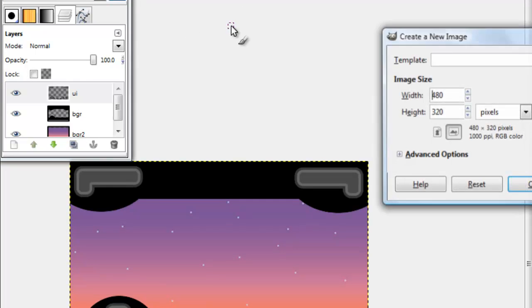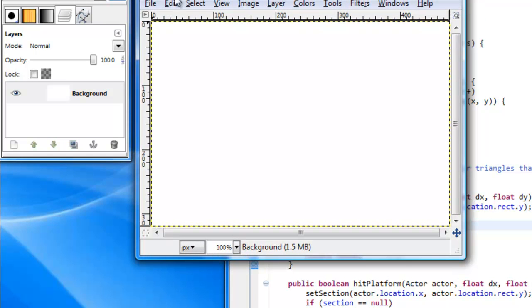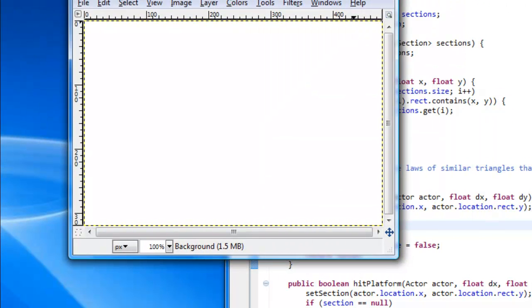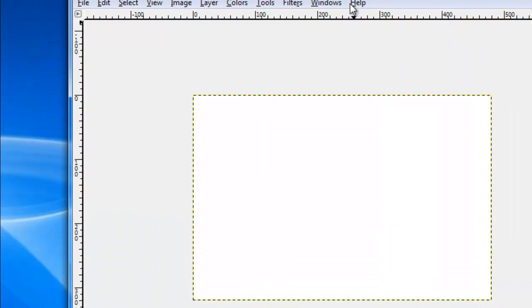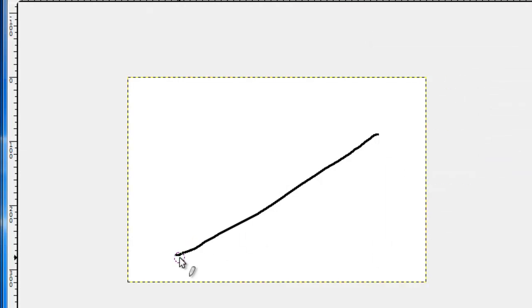Let's create a new one. Let's check out what a slope is. Here's a free math lesson for you guys. Let's say we have the slope, and we have point number 1 and point number 2.